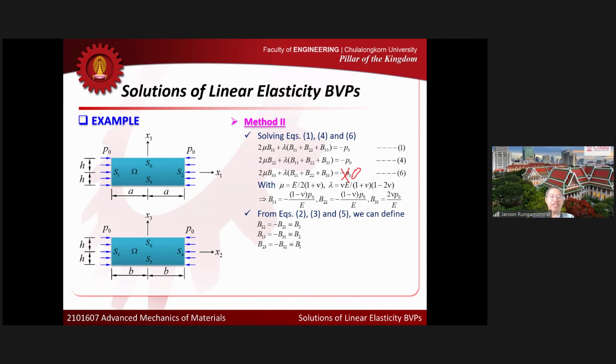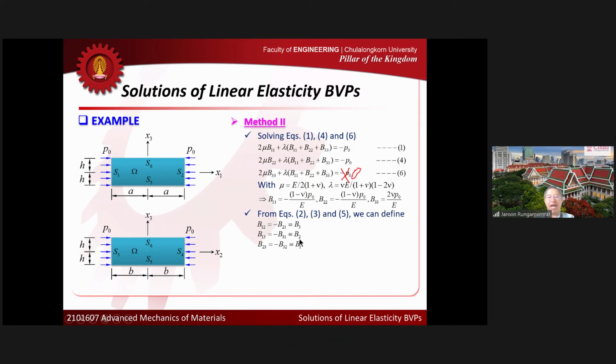The only thing we can say is that B12 and B21 are not independent. They are related to each other like this. So if I set B12 equal to B3, then B21 is minus B3. I call the constants B12, B13, and B23 as B3, B2, B1 respectively.